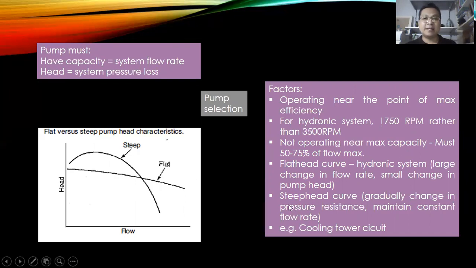And then a steep head curve gives a gradual change in pressure resistance and maintains a constant flow rate. Those we design in a constant system. So for the steep head, maybe we choose here, and for the flat head, we choose here.